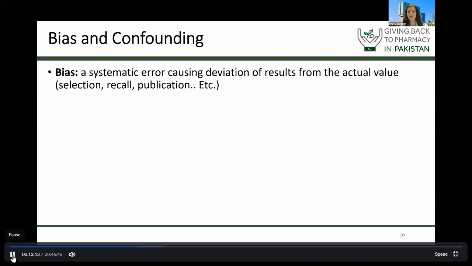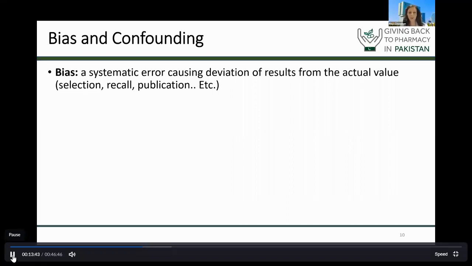So that's recall bias. Publication bias, if you are doing a systematic review article, the literature is more likely, or publishers are more likely to publish positive results and hide away the negative results. So those are all types of biases that at the end present you with an outcome that is not representative of the actual truth in the universe.